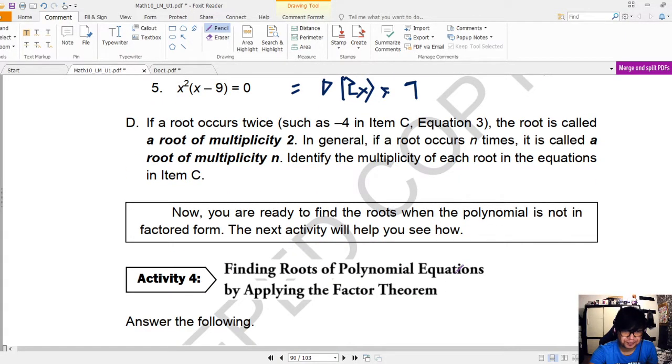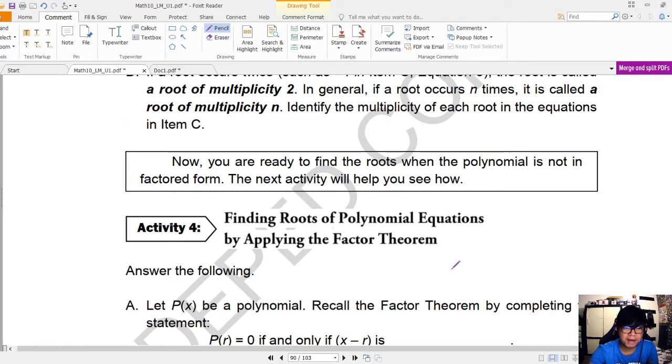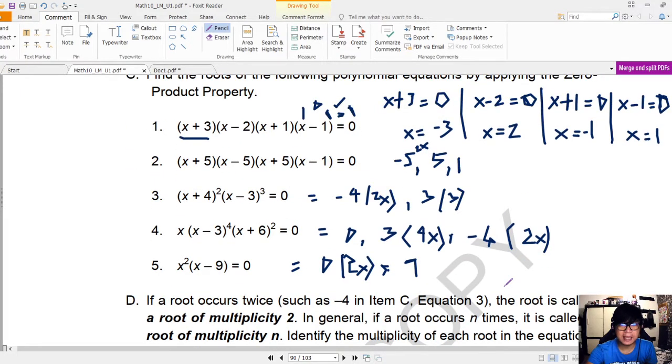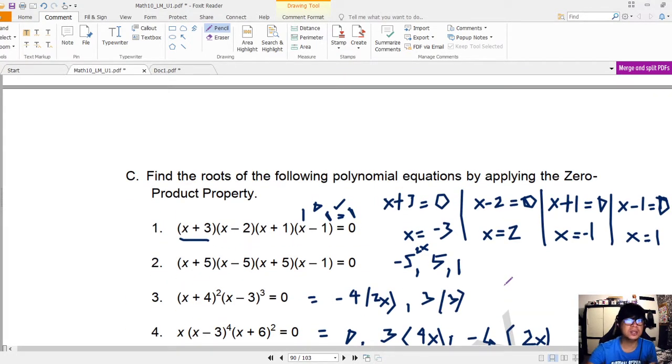Okay, so this one, yung finding roots of polynomial equations by applying the factor theorem, we will discuss this one in a separate video. So, for this video, yun lang yung ating i-discuss, review lang natin yung lesson ninyo nung grade 9 about finding the roots of a quadratic equation.